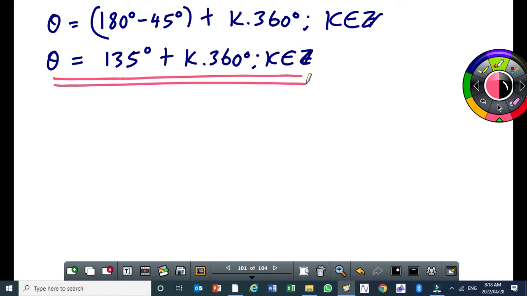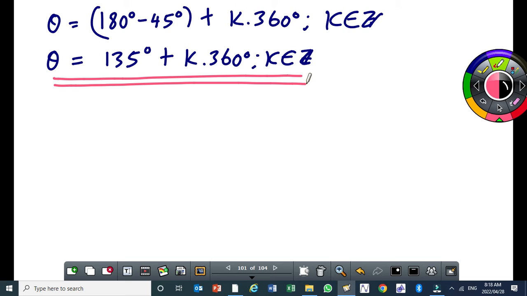So if we start substituting the values of k here, let's say we substitute k equal to 0, we'll get a solution which will be theta equal to 135 degrees. If we substitute k equal to 1, the solution that we get for theta is 135 plus 360 degrees, which will give you almost like 495.